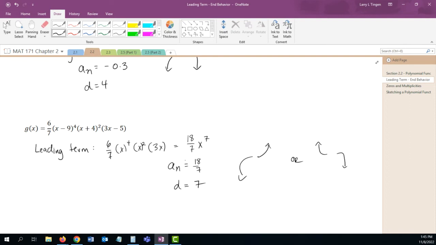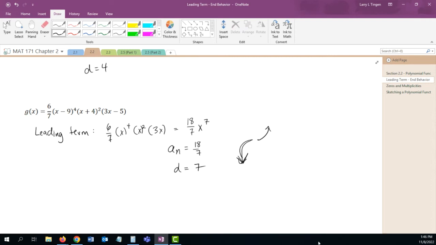If I take a negative number and raise it to the 7th power, the output's still going to be negative, right? So multiplying by 18/7 doesn't flip or change the behavior, it just makes it even more negative. So this is the one. Okay. Leading terms. Good.